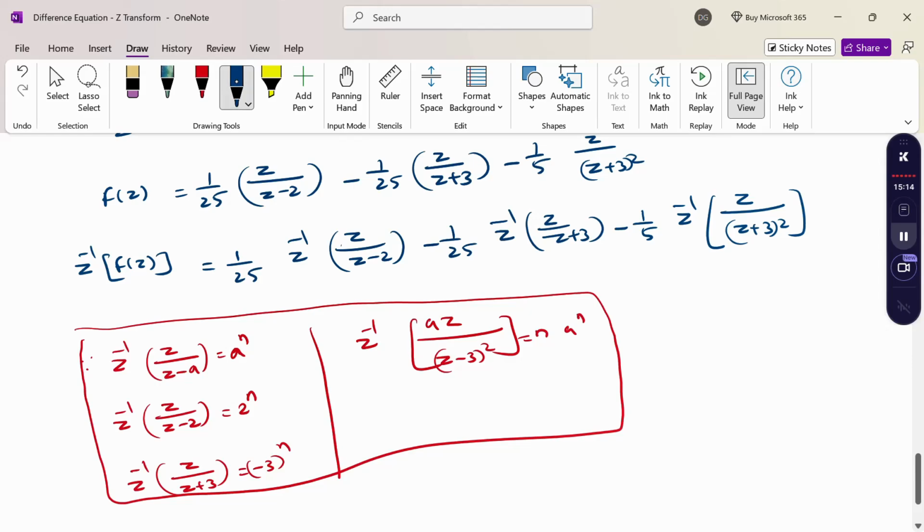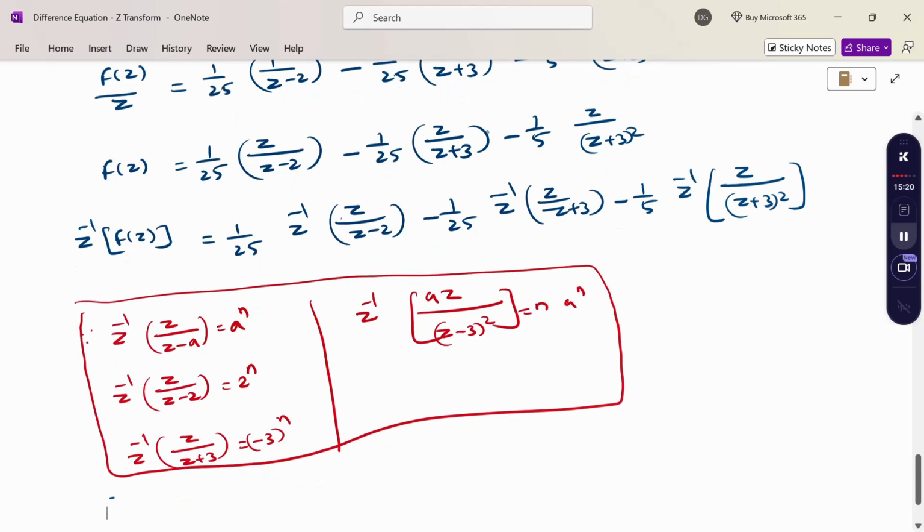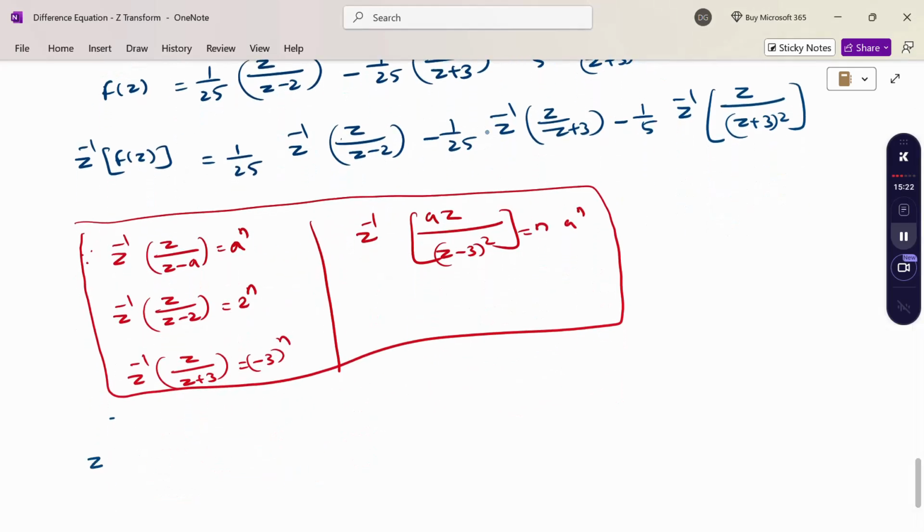Therefore z⁻¹ of f(z) = (1/25)·2ⁿ - (1/25)·(-3)ⁿ - 1/5 ... Look here, the a values are missing in z/(z+3)².